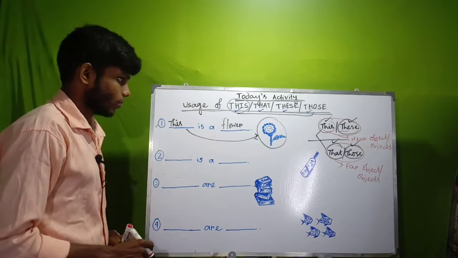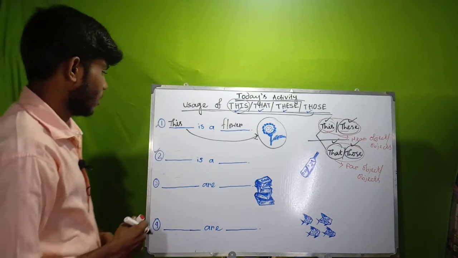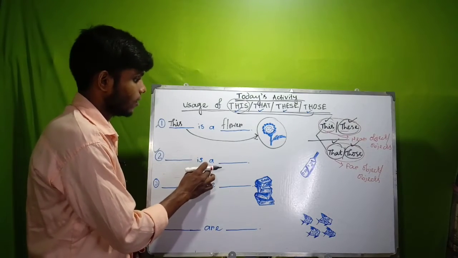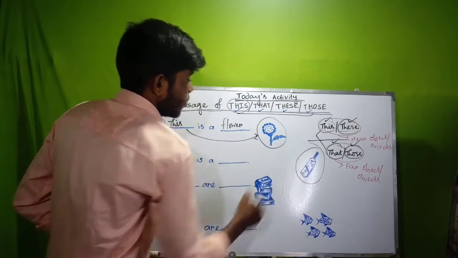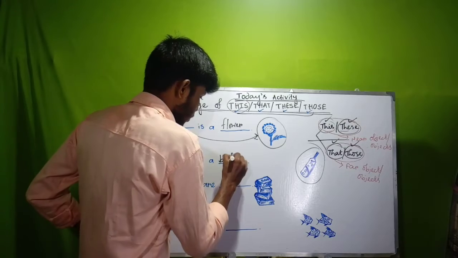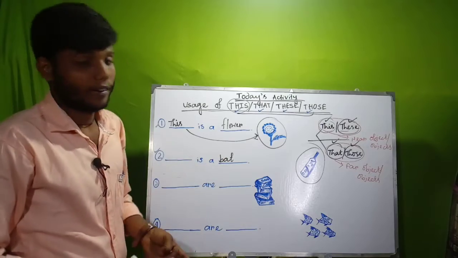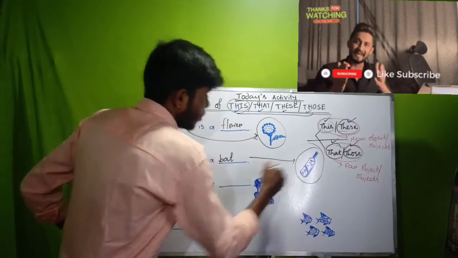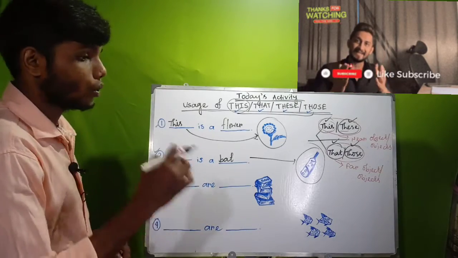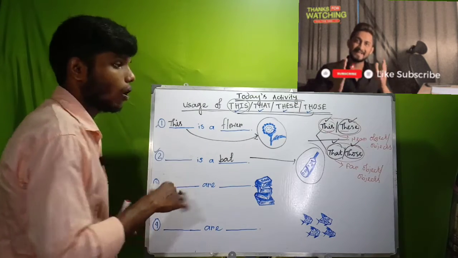Next sentence. We see the object, this is called a weight, so the noun is weight. I can see this object belongs to the far. That's why we put down that or those in the sentence.